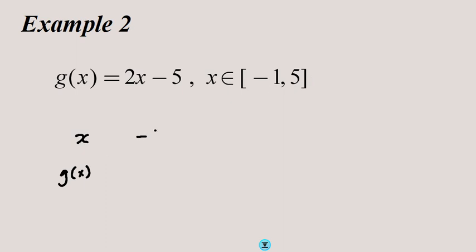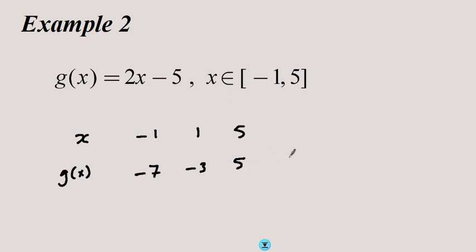So let's say -1, 1, and 5, for example. When x is -1, this is -2 minus 5, that's -7. When x is 1, this is 2 minus 5, which is -3. And when x is 5, this is 10 minus 5, which is 5.